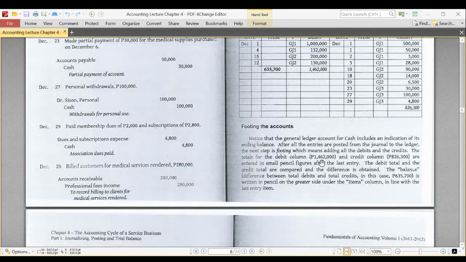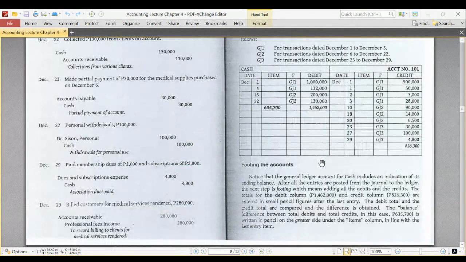And when there is an abnormal balance, that is a clear indication that there is either an error or fraud. Because if the balance of an account, which has a normal balance of debit, has an ending balance at the credit, then there might have been an error in the recording or there was a fraud that happened.